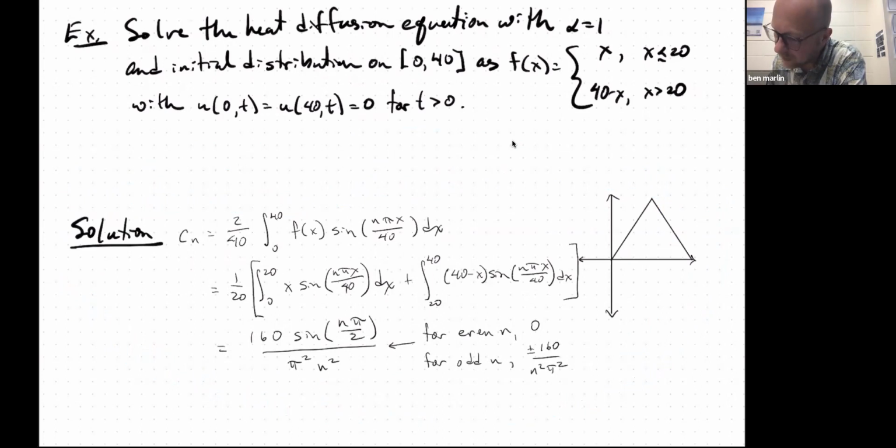So we need to be looking at alpha squared u sub xx is equal to u sub t. But we go ahead and say in the problem statement here, alpha is going to be 1. So consequently, I'm going to just plug in a 1 there, have u sub xx is equal to u sub t, okay? And the initial distribution on the interval from 0 to 40 is going to be this right here.